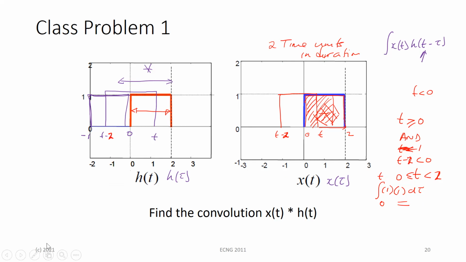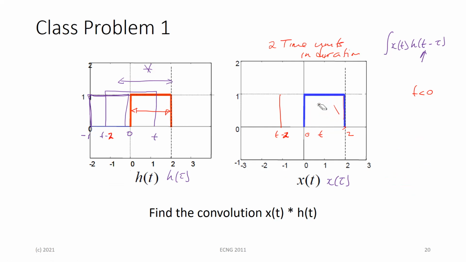So after that now, let me clear some of this stuff out. The next zone is going to be just after the overlap, where we have the situation like this.